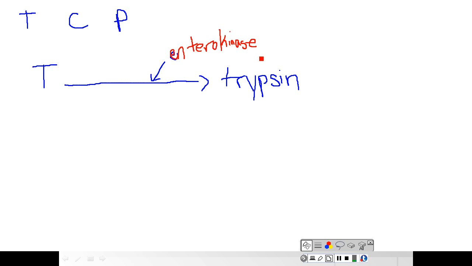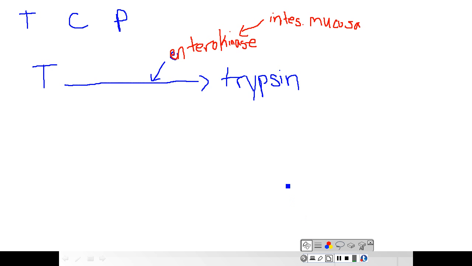And that enzyme is basically secreted by the intestinal mucosa.